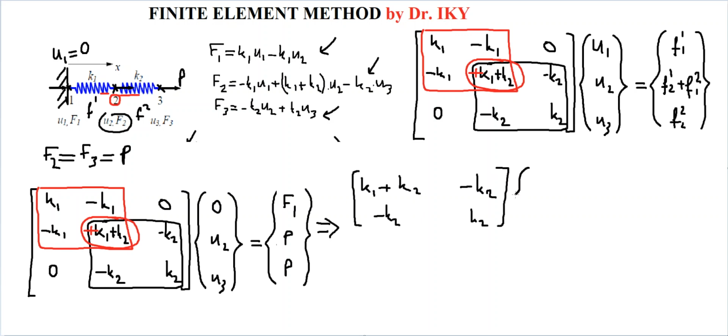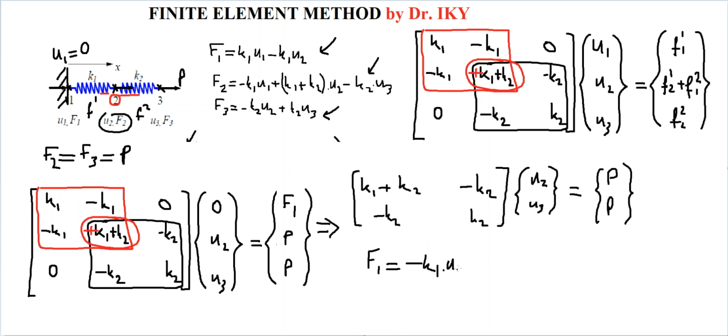It is multiplied with U2, U3, and it is equal to 0, P. And we can also say that F1 is equal to minus K1 multiplied by U2.